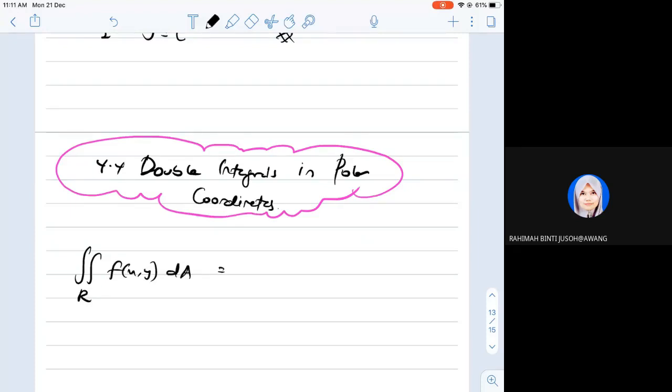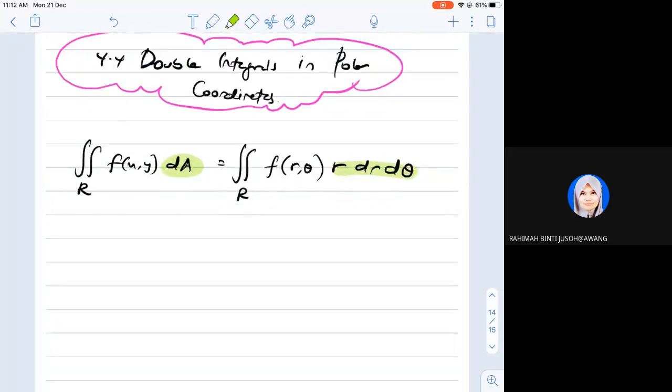Right now in polar coordinates, we will again have region R, but our function would be in r and theta. And for dA, before this we had dy dx and dx dy. However, in polar coordinates, we have three terms: r, dr, d theta. That is your dA. Remember, dA is r dr d theta. Three siblings. That is for polar.